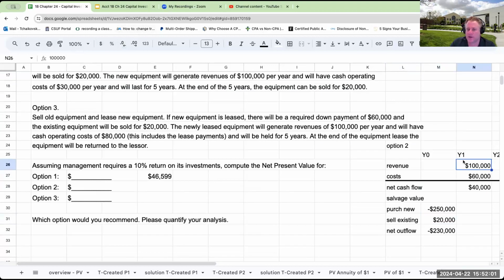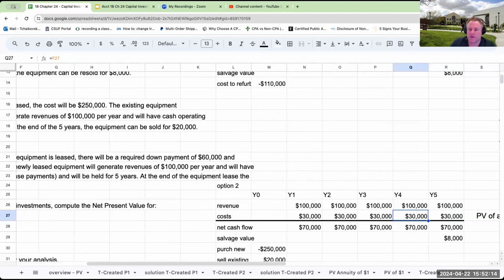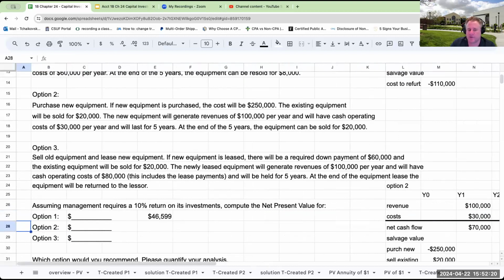So coming over here, when I look at this, the new equipment will generate revenues of 100,000. So that's not changing. However, my cash operating costs will be 30,000 per year, giving me a net cash flow of 70,000.